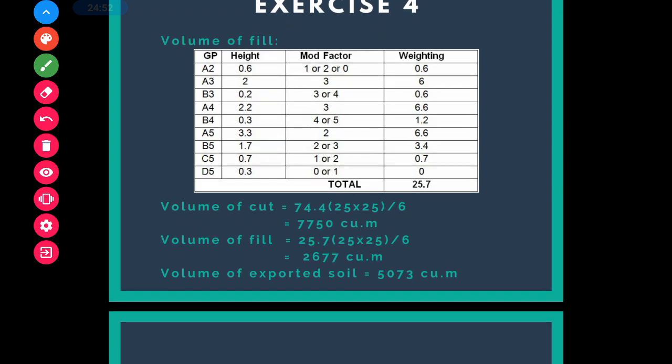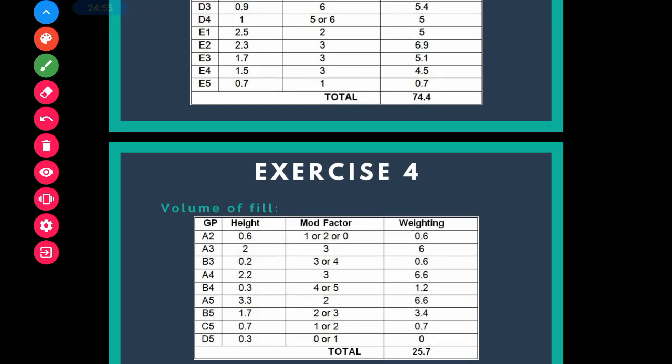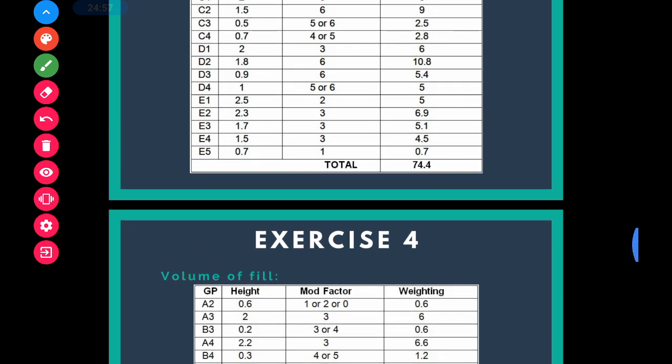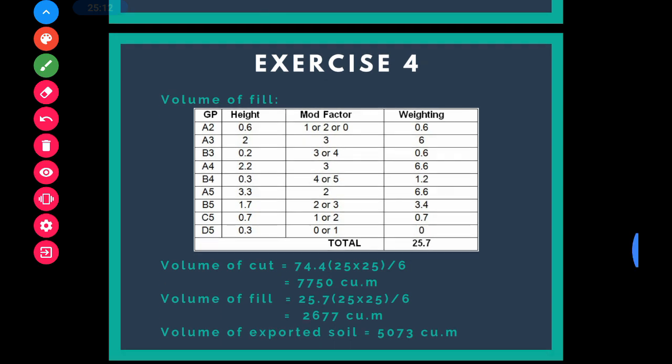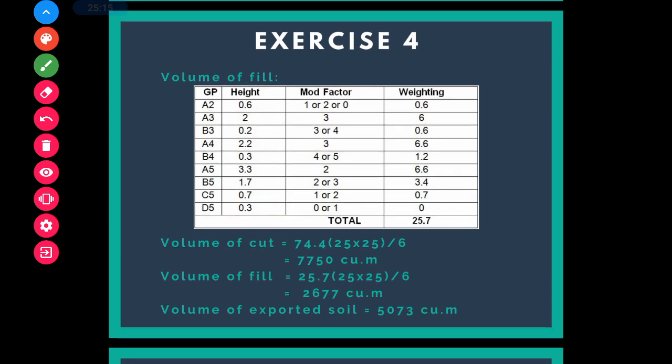Next, after you have calculated the table, you will get 74.4 for the cut and 25.7 for the fill, and then you need to put them inside the equation. For the cut, 74.4 is from your table.